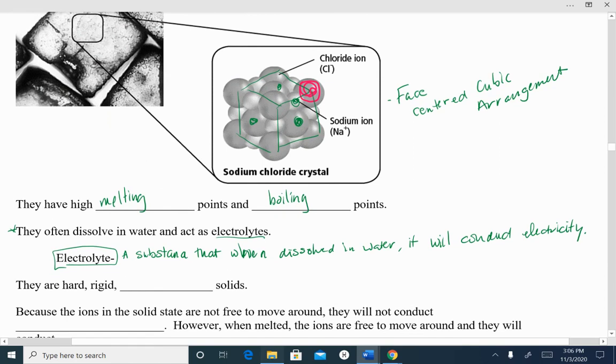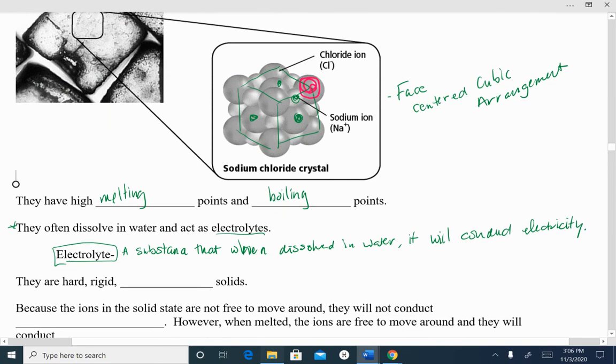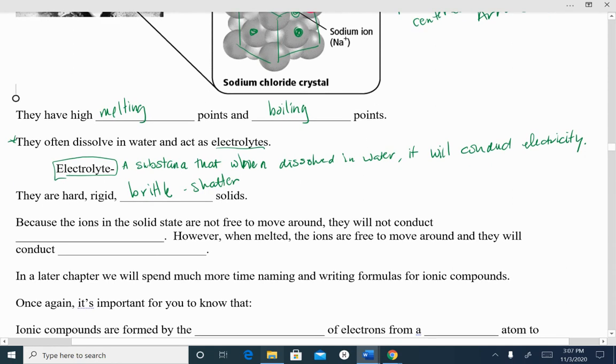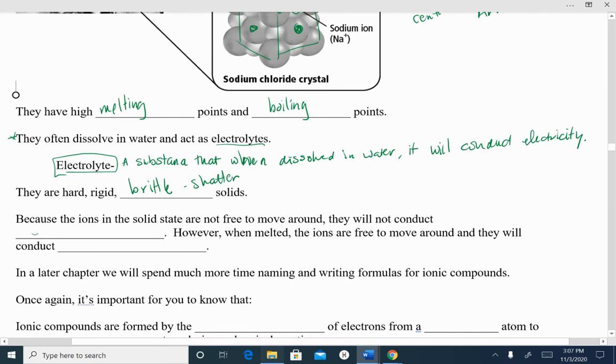Ionic compounds are hard, rigid, and they are brittle. Brittle just means that if you hit them, they shatter. So if I hit a crystal with a hammer, it will shatter. It doesn't bend or move. Because ions in the solid state are not free to move around, they will not conduct electricity.